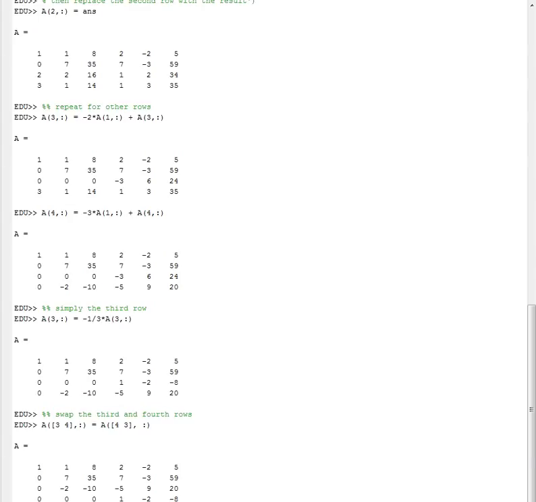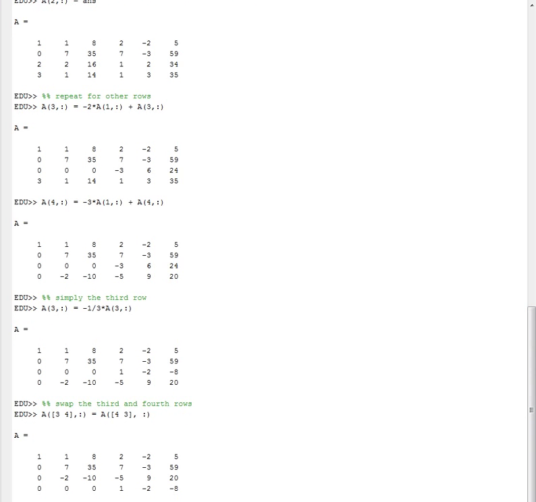So I'm going to do a row swap, clean things up a little bit before I move on. Alright, that's about as good as I'm happy with.